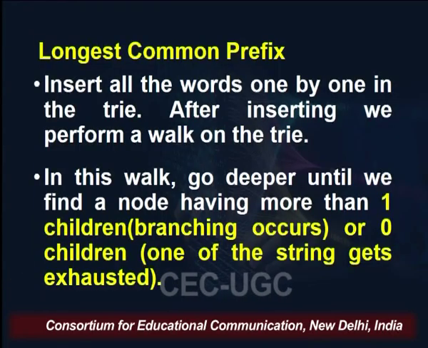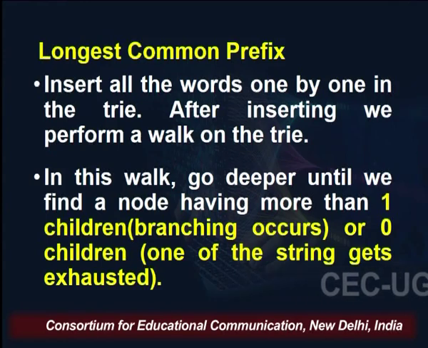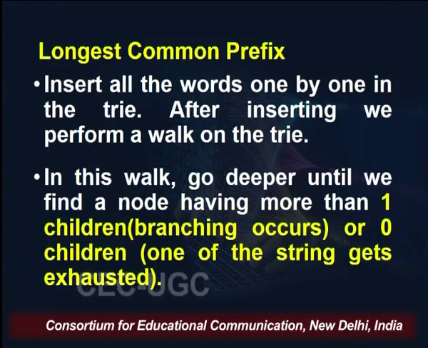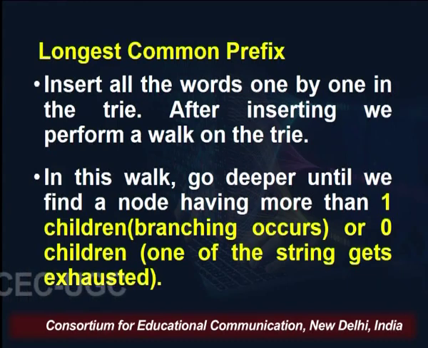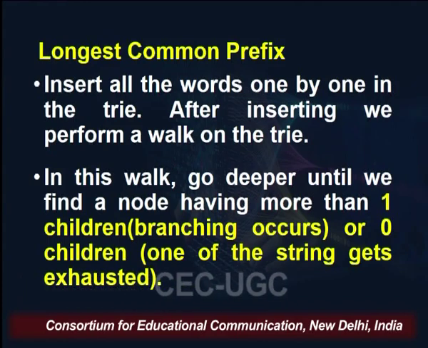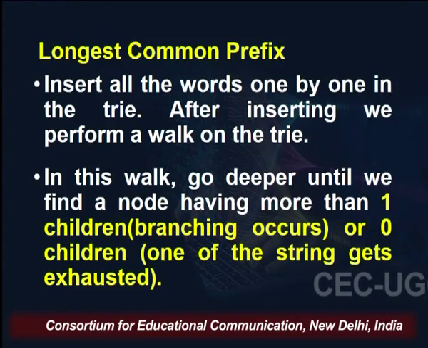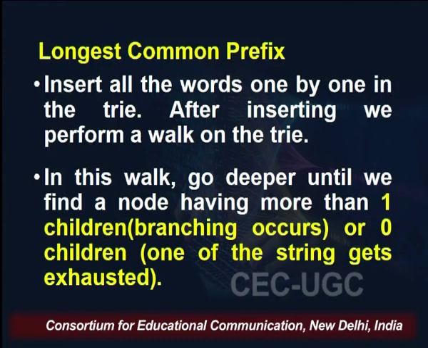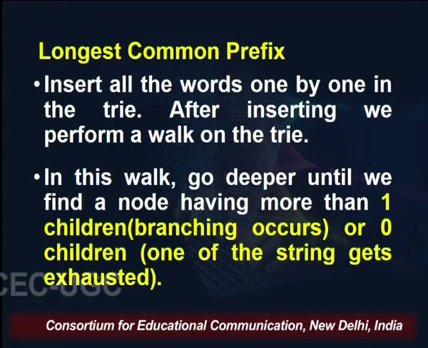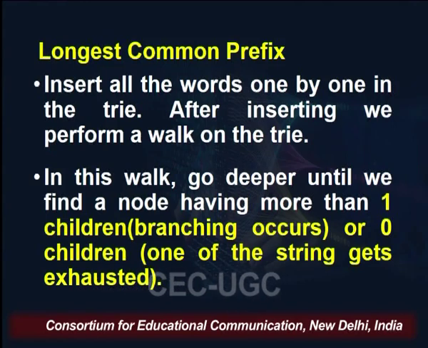Now, coming to the next application, which is about longest common prefix. So, longest common prefix can be accomplished with the help of a trie, in which all the words are inserted one by one in the trie, and after inserting we need to perform a walk on the trie, and in this walk we will go deeper until we find a node having more than one child, or more simply we can say we will go deeper until a branching occurs or there are 0 children.